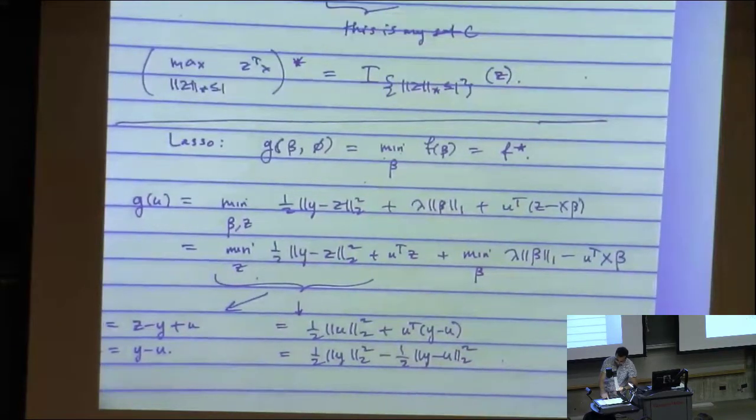Right, so the cross term I'm going to get here is u transpose y. Here I'm going to get a total of minus a half u transpose u.